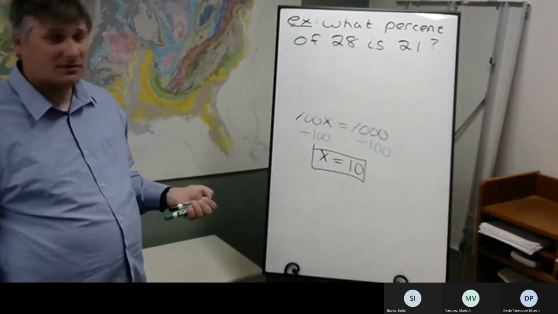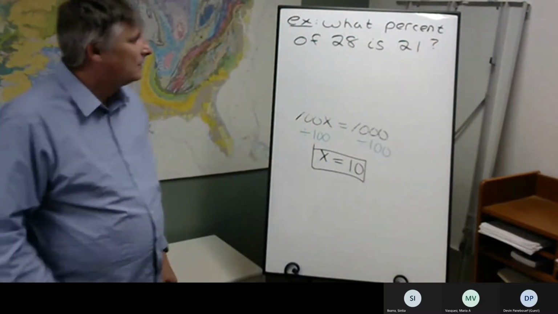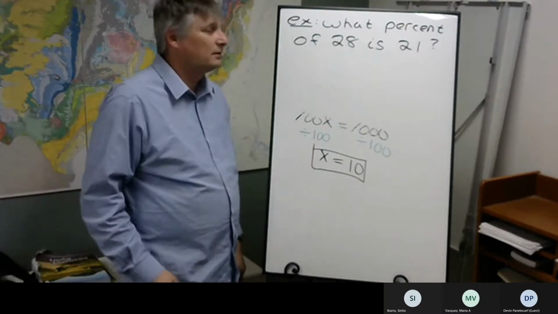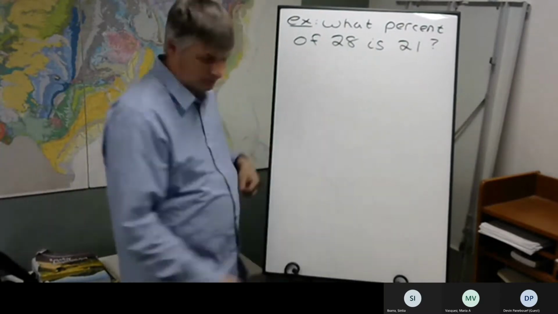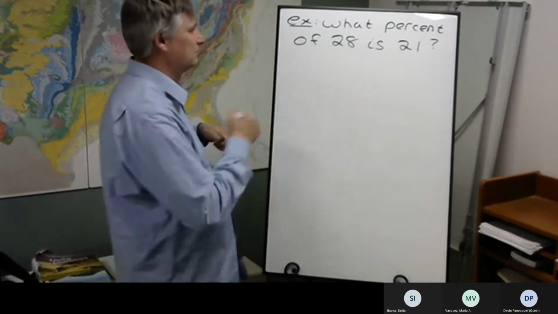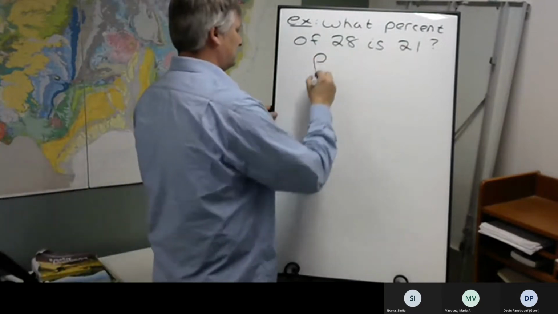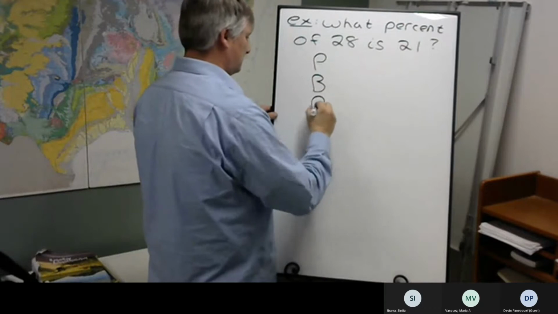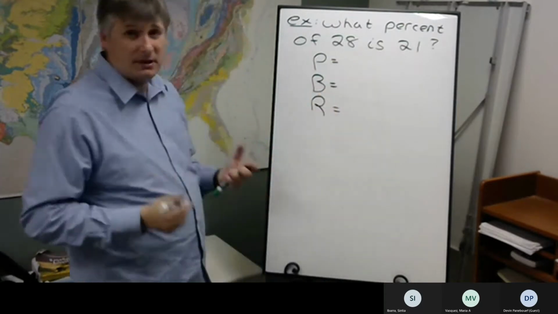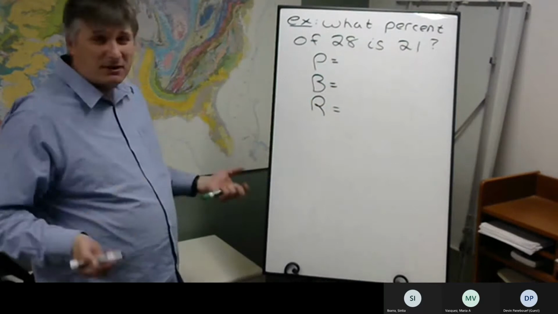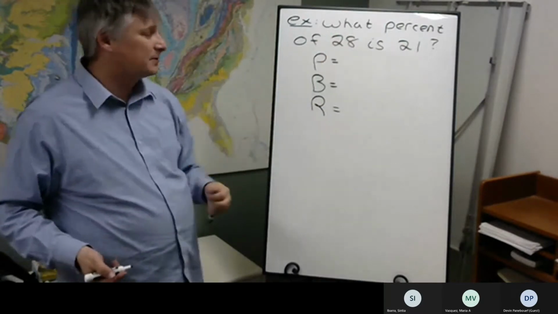So let's say we're given something like this. What percent of 28 is 21? So again, P, B, and R. Now they don't give us a percent. They're asking about the percent.